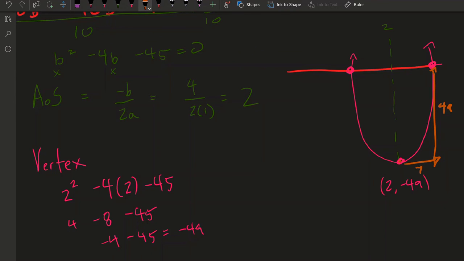So that means if I started at 2 and I went to the right by 7, I would land on the number 9. If I started at 2 and went left 7, I would land at negative 5. So my solution to this equation is, we're using the letter b here, b is equal to negative 5 or positive 9. And we are done.